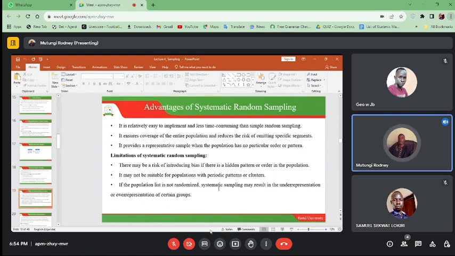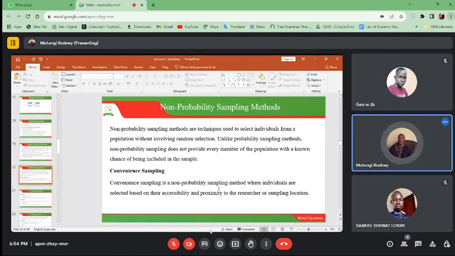So you might have underrepresentation of such a group, because through your systematic sampling you are only going to represent them when you reach that area where they are written. After that you cannot get them. So that is the problem with this systematic random sampling. But you can randomize and make sure that they appear everywhere on that list, so that there could be a chance of them being selected.